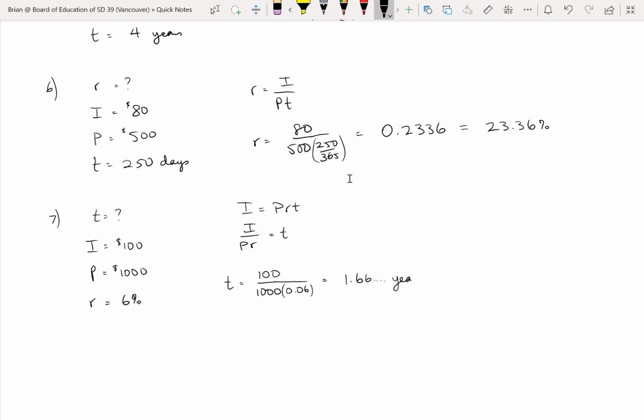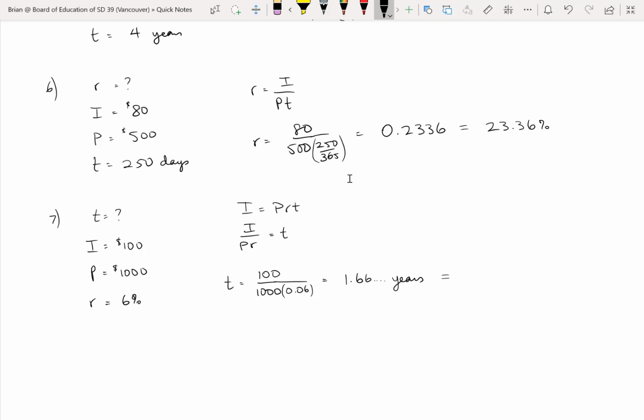So, is it acceptable to leave it as 1.666 repeating, or even round it at some point, 1.67 years? Typically, we don't express durations in terms of a decimal number of years. We express it in terms of years and days, or just days alone. So if you wanted, you could convert that to days just by multiplying by 365.